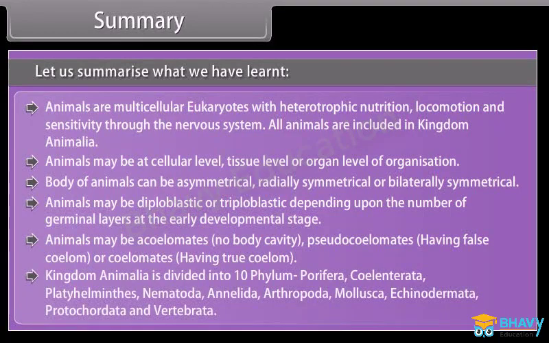Kingdom Animalia is divided into 10 phyla: Porifera, Coelenterata, Platyhelminthes, Nematoda, Annelida, Arthropoda, Mollusca, Echinodermata, Protochordata, and Vertebrata.